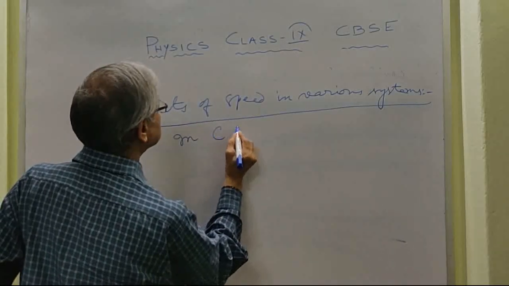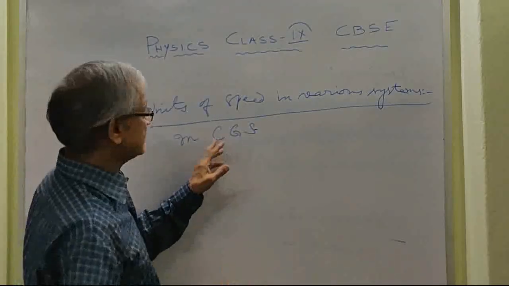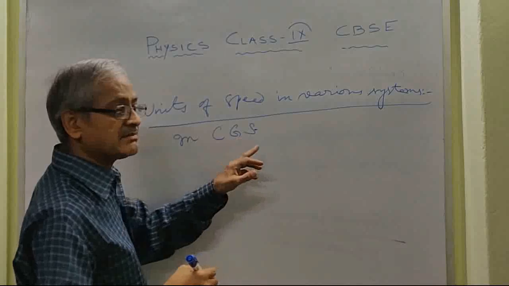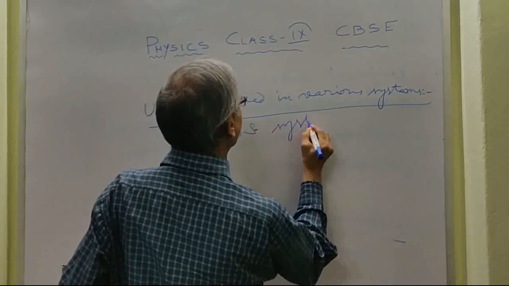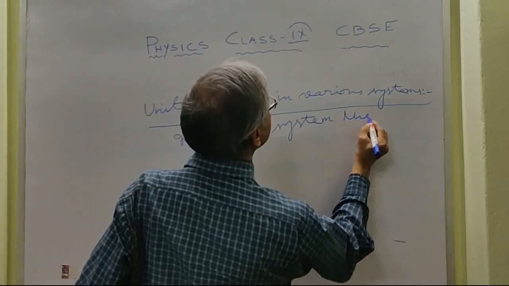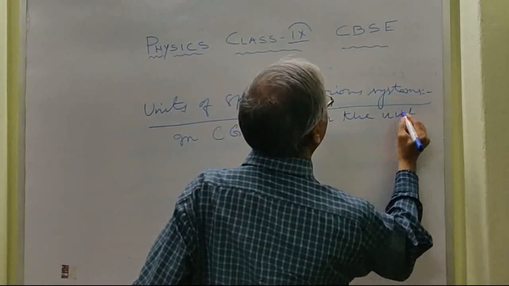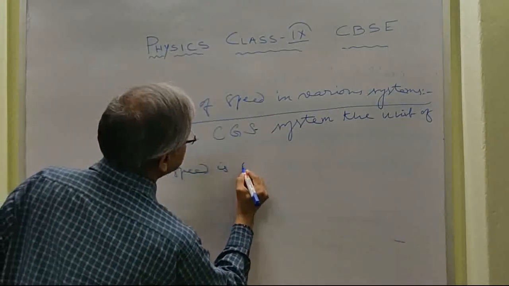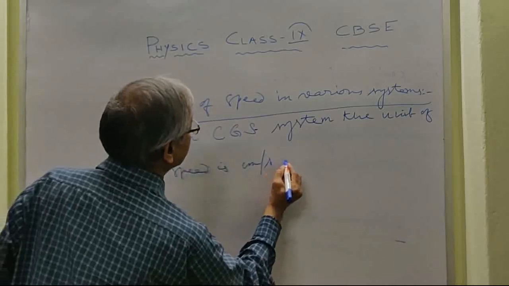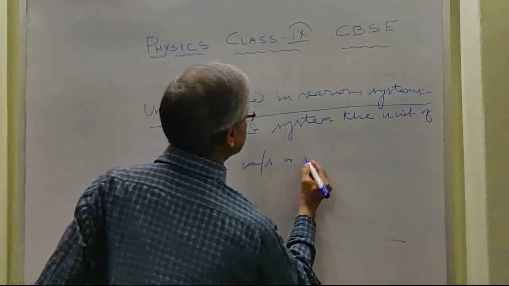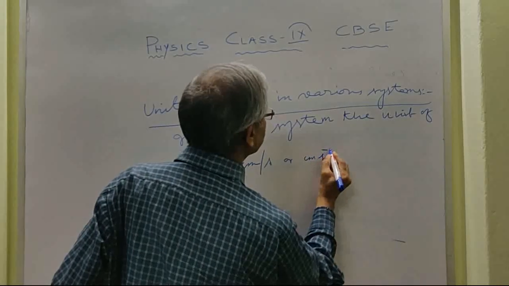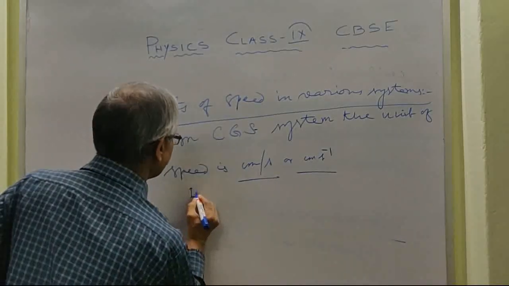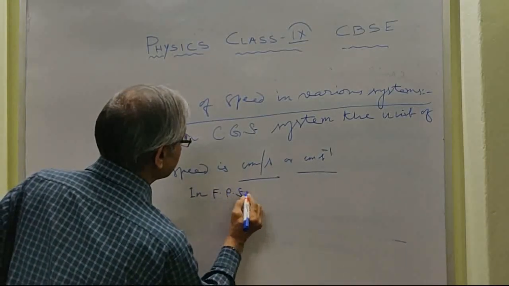In CGS, that is centimeter gram second system, the unit of speed is centimeter per second. We may write it as centimeter second to the power -1.